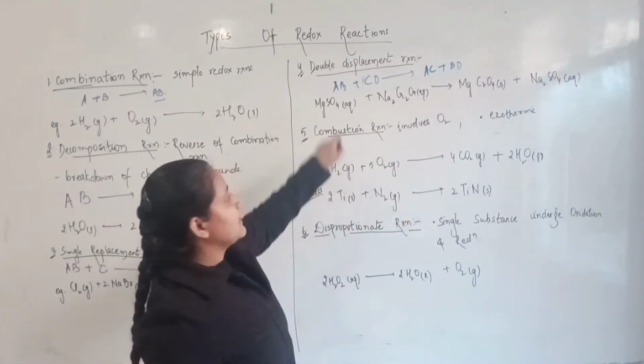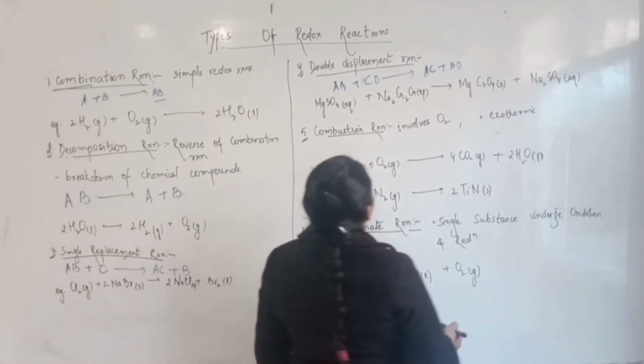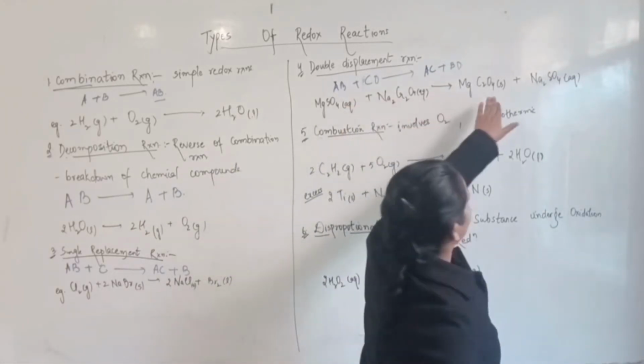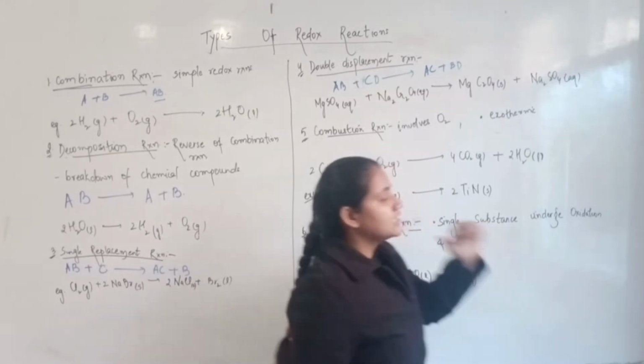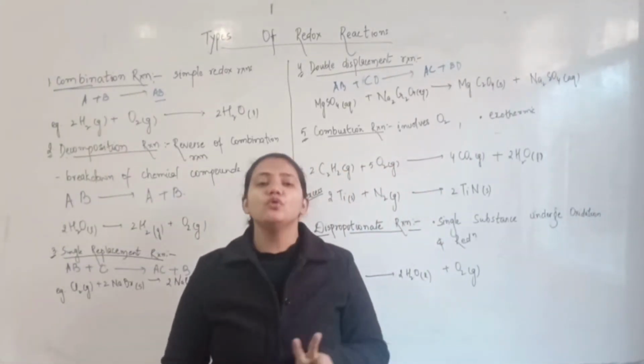For example, when MgSO4, magnesium sulfate, reacts with sodium chromate, it forms the product like this. Double displacement means there will be the displacement of two elements.